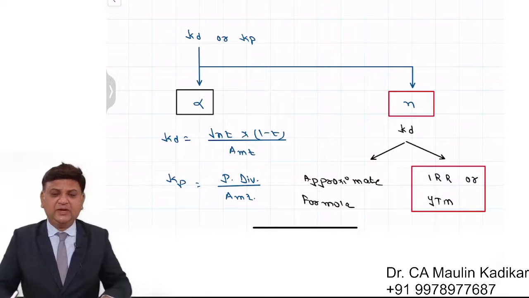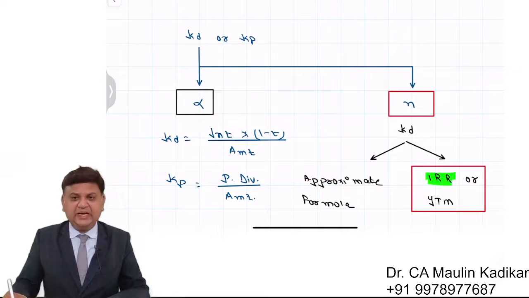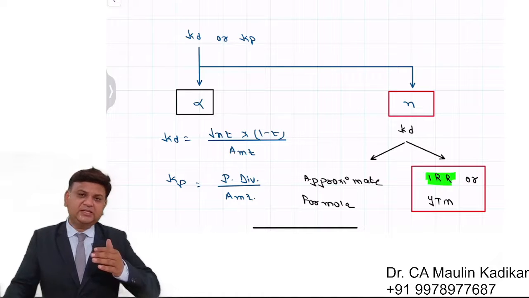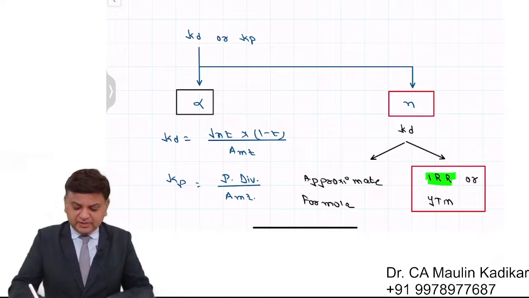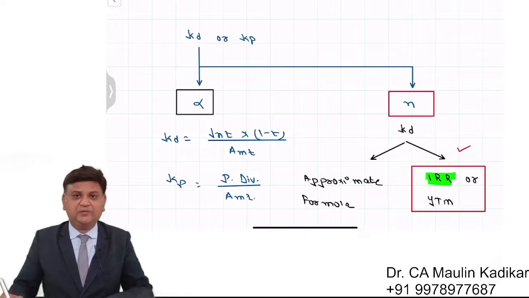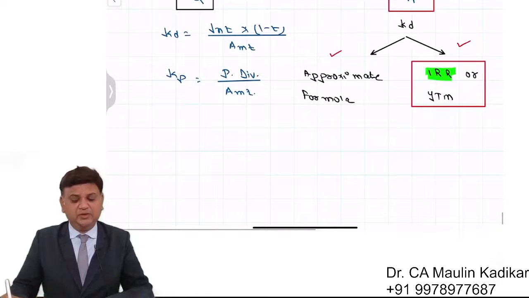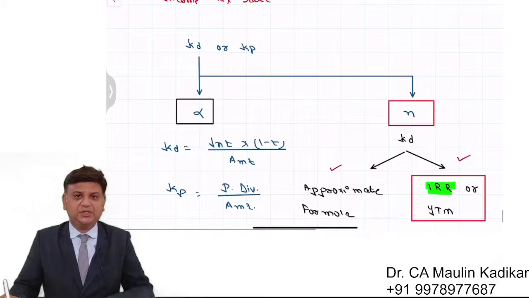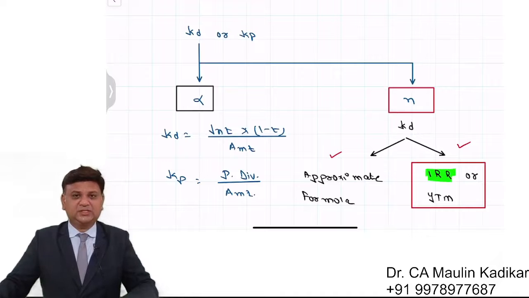If we have not been specifically told to follow IRR, which stands for internal rate of return, we don't have to follow this method for answer calculation. Unless the question makes it clear, we follow the approximate formula method. How does that work? That is what I am going to discuss now.